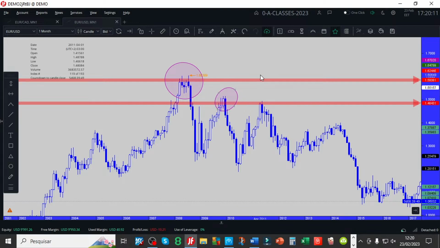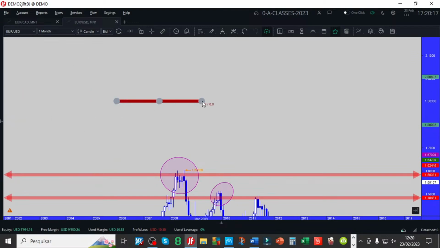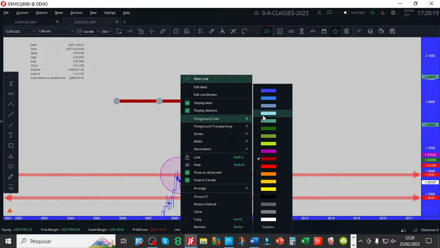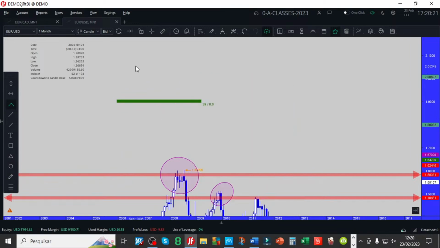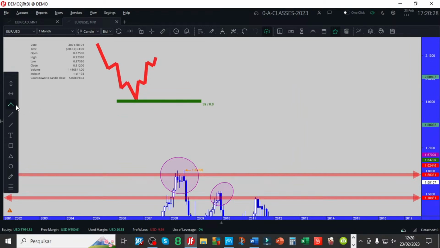Sure. Remember, everybody, support, resistance. Let's talk about support. This is support, just an example. Sometimes the market is going to hit support and react. Sometimes the market is going to break through a little bit and react.